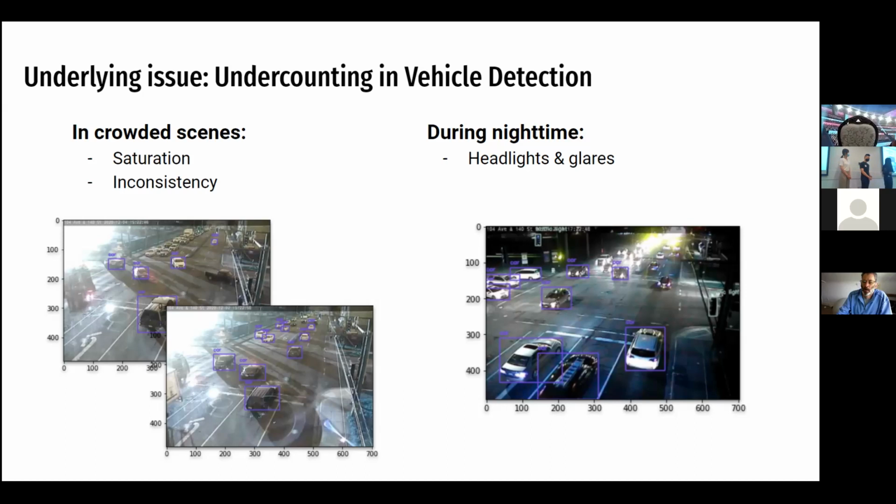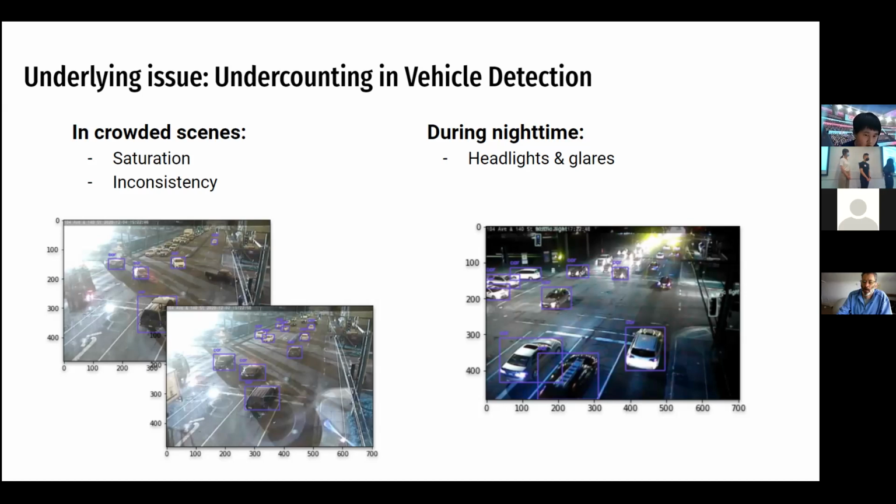For example, in the first image, you might see 20 cars lining up at the intersection, and the second image is a clearing of the queue when the traffic signal changed. In that case, the detection algorithm is able to detect more cars because the semantic features are more apart from each other. That introduced inconsistent fluctuations in our data that actually introduced bias in later analysis.